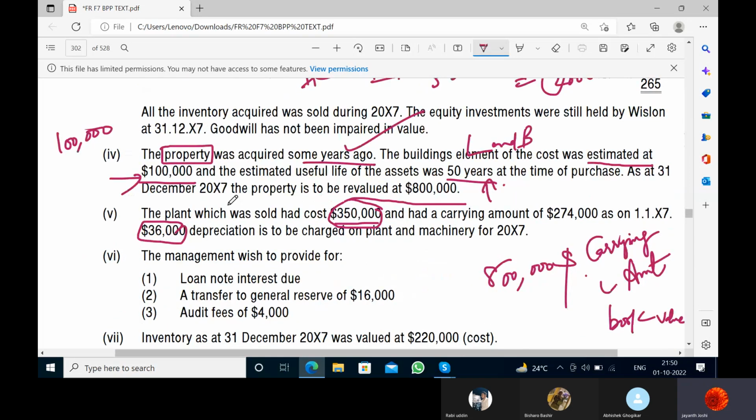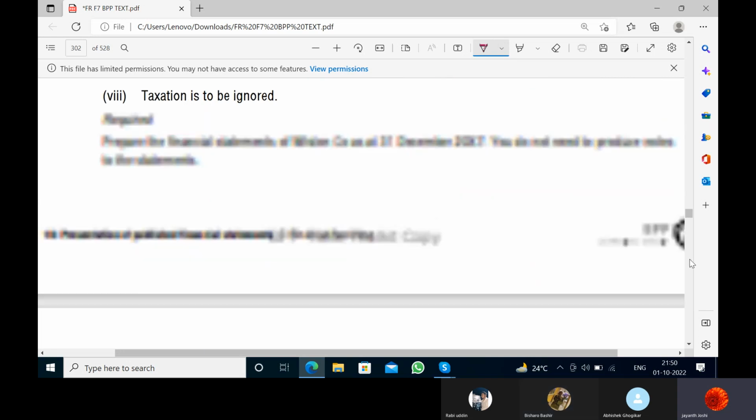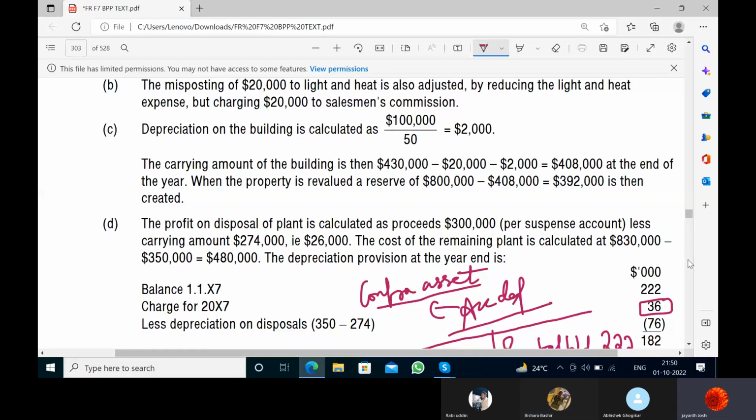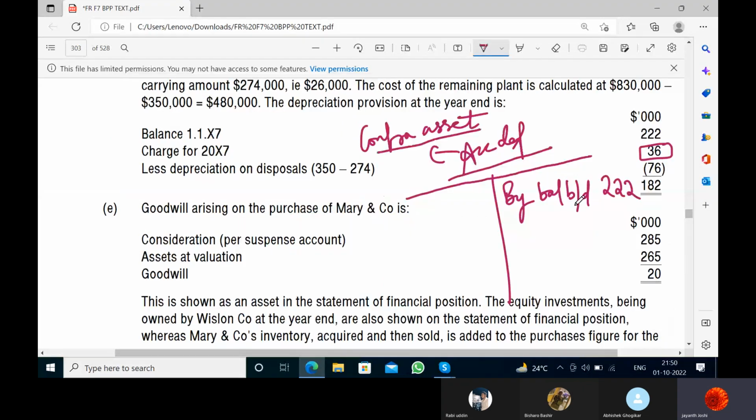So here you see the plant which was sold had cost this much and had a carrying amount of this much at first 2007. Depreciation is to be charged on plant and machinery for 2007. That means this is the current year's depreciation. So now current year's depreciation is how much? Current year's depreciation is 36,000. So what is the journal entry for that?